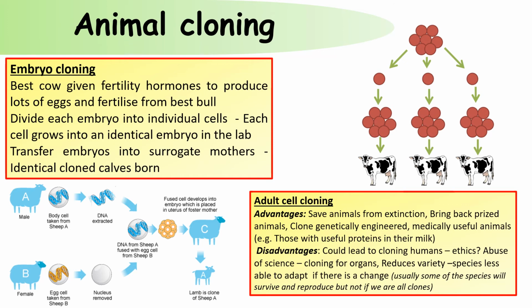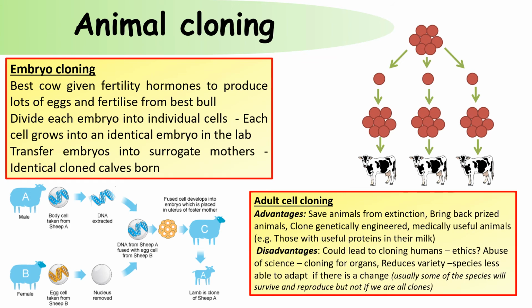This leaves an empty egg. The nucleus from sheep A is then inserted into the egg and fused to it by giving it a small electric shock. The egg is then allowed to grow into an embryo, which can then be implanted into a surrogate mother. A few months later, a genetically identical sheep to sheep A should be born.